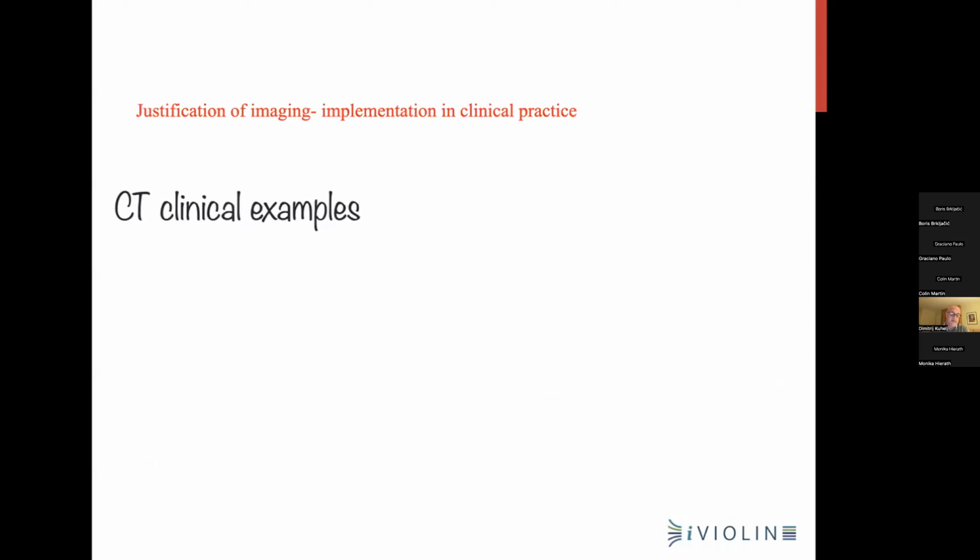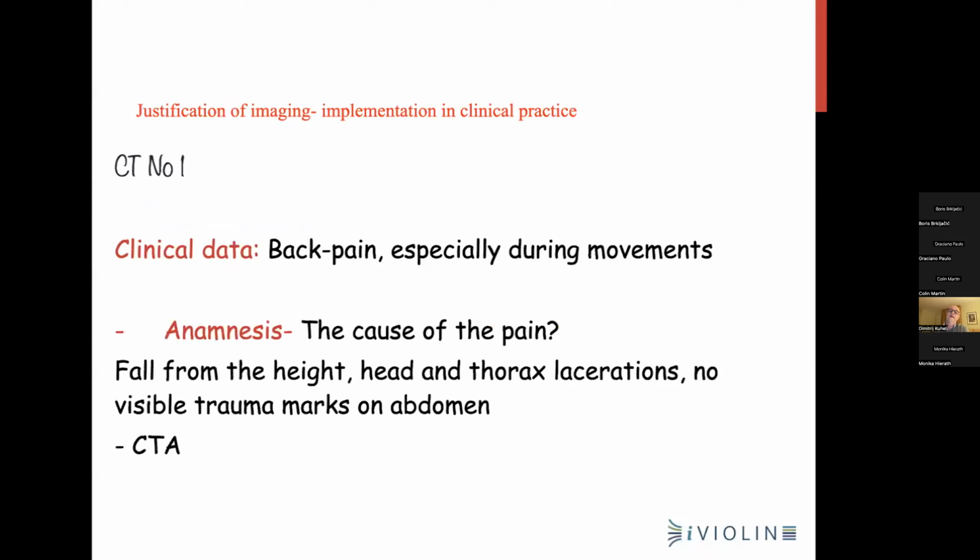Since we are dealing mostly with CT, I would like to present a few cases when justification and optimization are very, very important. In patient number 1, we have clinical data of a patient with back pain, especially during movements. That's what was referred to radiology. We did not get any anamnesis data. What is the cause of the pain? The patient fell from a height.